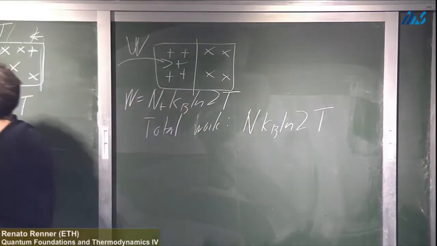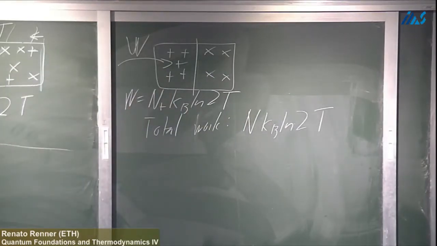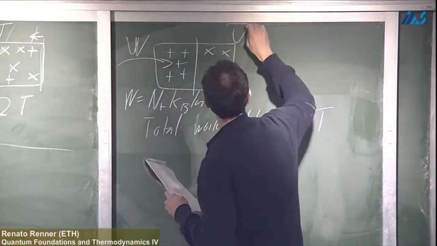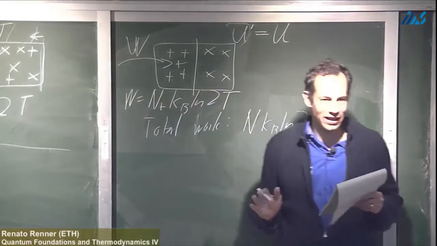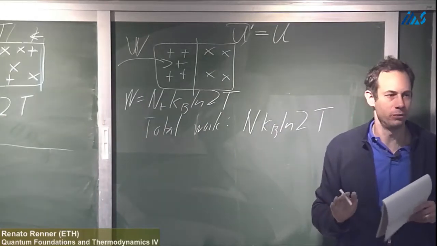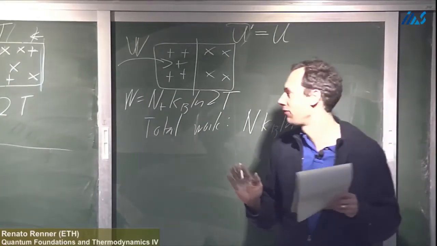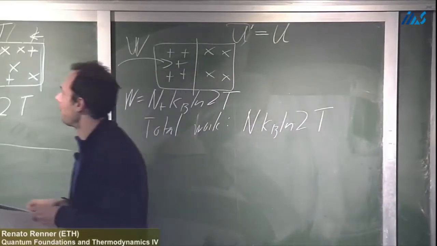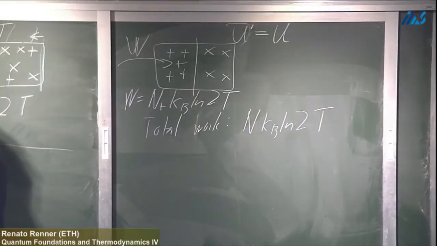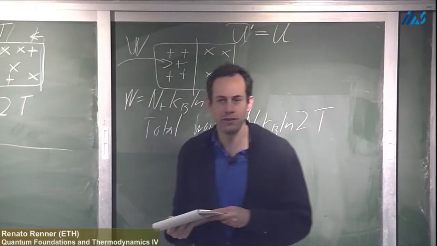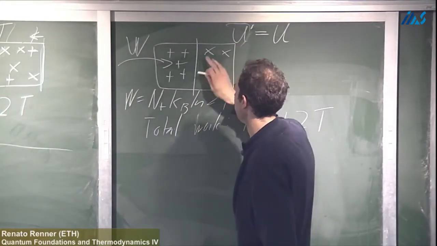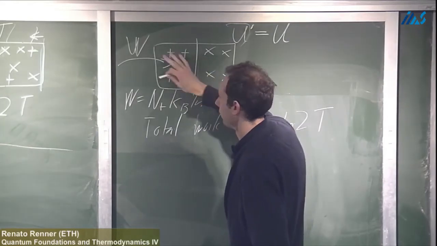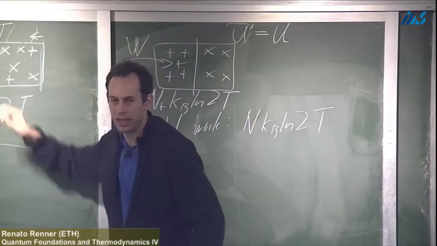So if I call the energy of the whole thing U, and here maybe U prime, then the requirement is that U prime is equal to U. This is by definition what it means in thermodynamics to be an ideal mixture. So it's just a definition. You just choose the two components in such a way that they have this property. And this is, for example, a property that an ideal gas has. Because for an ideal gas, the energy only depends on the temperature, and there's no interaction between the gas molecules.